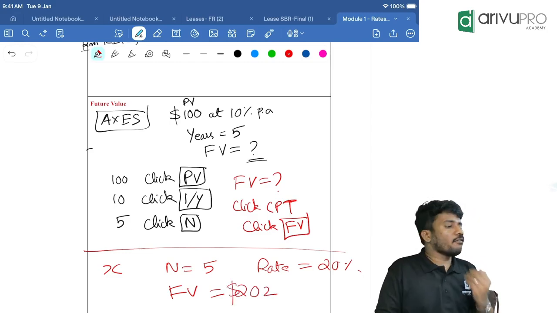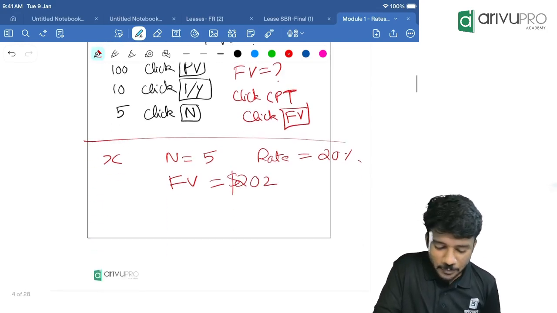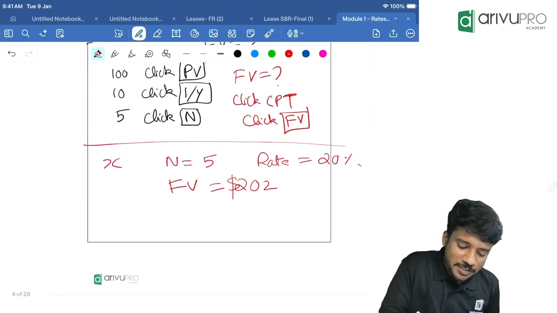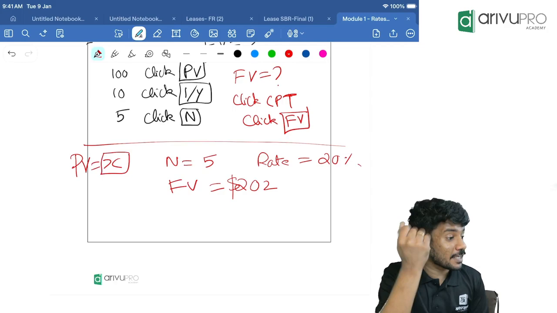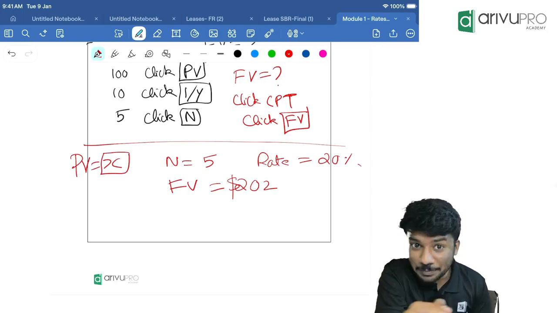So they are offering me that much. Now, how much is the PV value I am investing is the question. There can be a basic question like that.